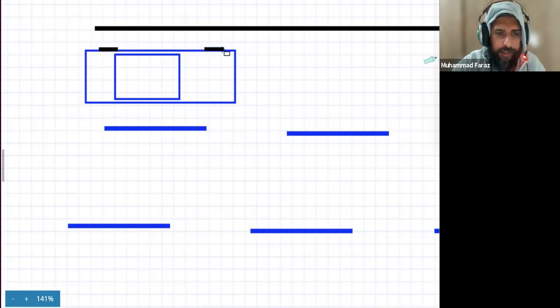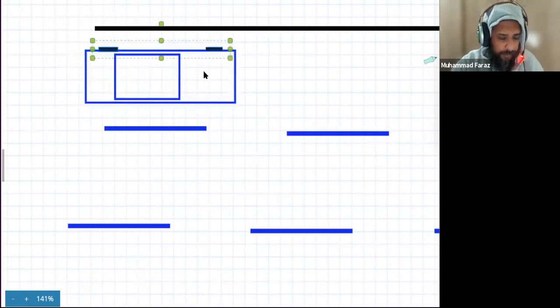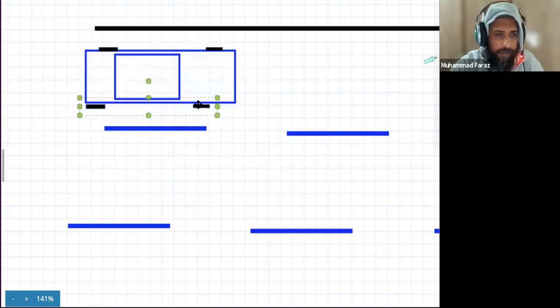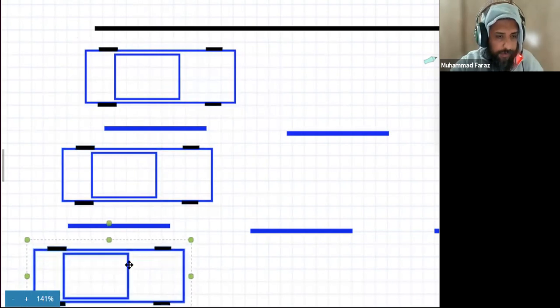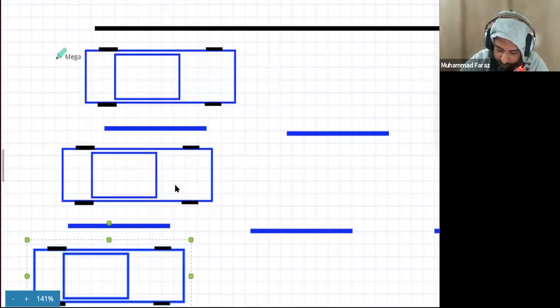This is a top view of a car, and I have three of them. These are three cars.